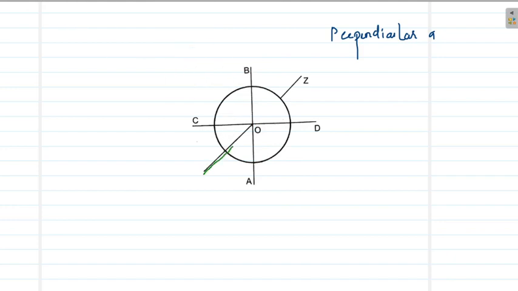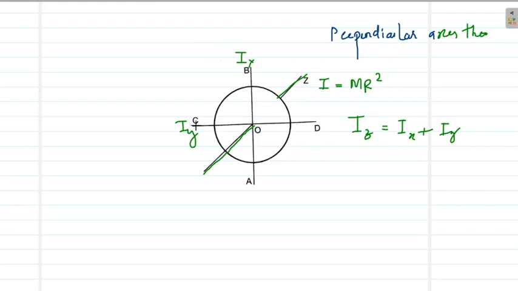And the moment of inertia about the z axis, as we have already calculated, is equal to MR square. And from the perpendicular axis theorem, we have Iz is equal to Ix plus Iy. Here, Ix is the moment of inertia about the BA axis and Iy is the moment of inertia about the CD axis.